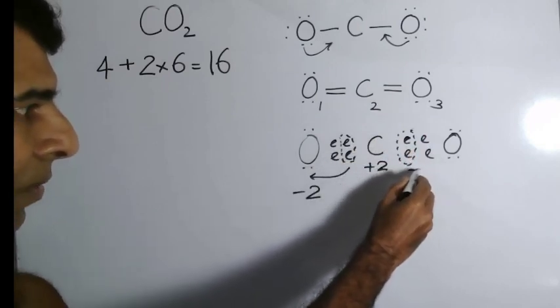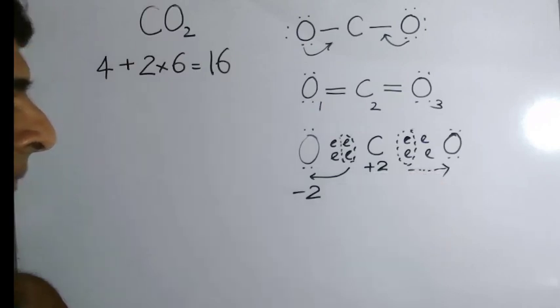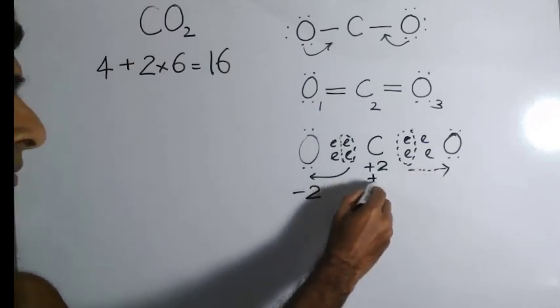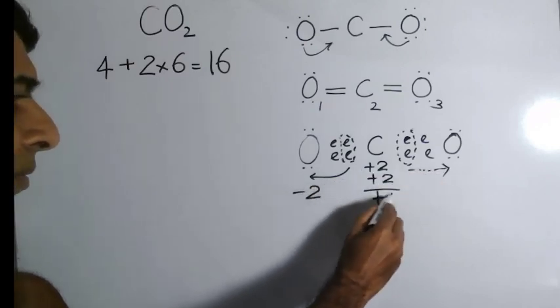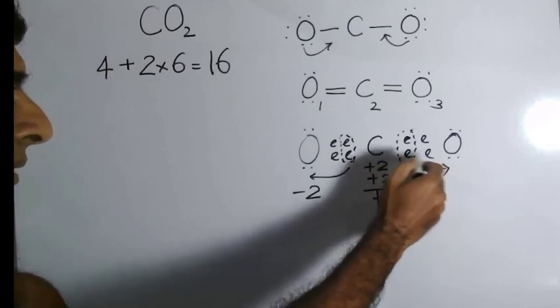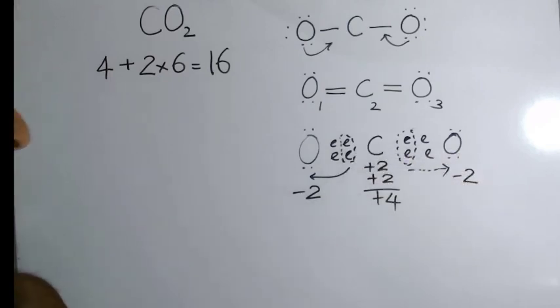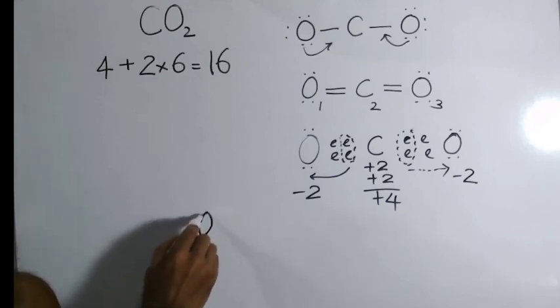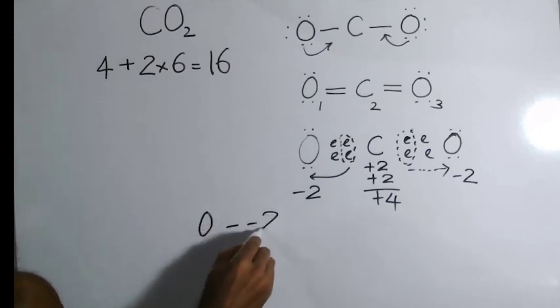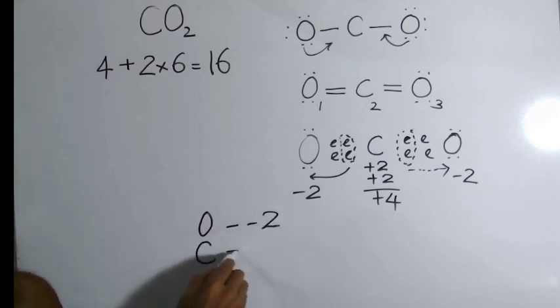These electrons go towards the oxygen atom. Then again +2, altogether +4. Oxygen peels, gets 2 extra electrons, then it should be -2. Then the oxidation number for each of the 2 oxygen atoms is -2, and the oxidation number for carbon is +4.